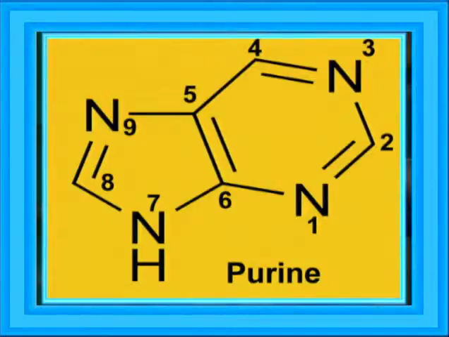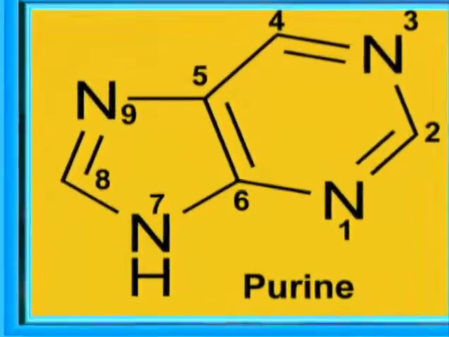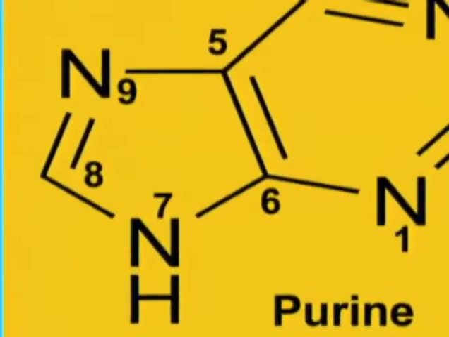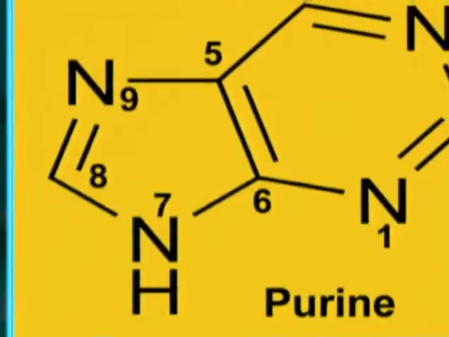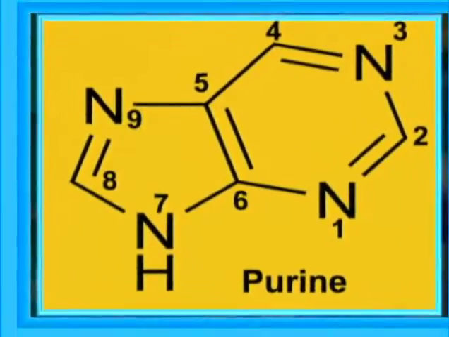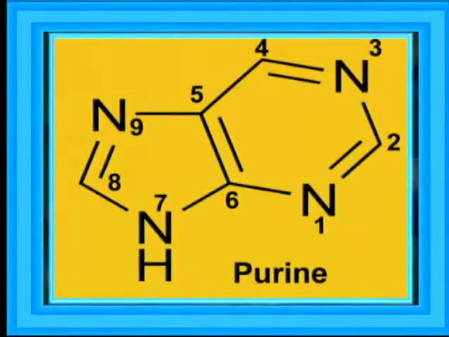Purine is a bicyclic structure consisting of pyrimidine fused to a 5-membered imidazole ring. The 5-member ring of purine has nitrogen in the place of carbon at positions 7 and 9. Therefore, purines contain 5 carbons and 4 nitrogen atoms.